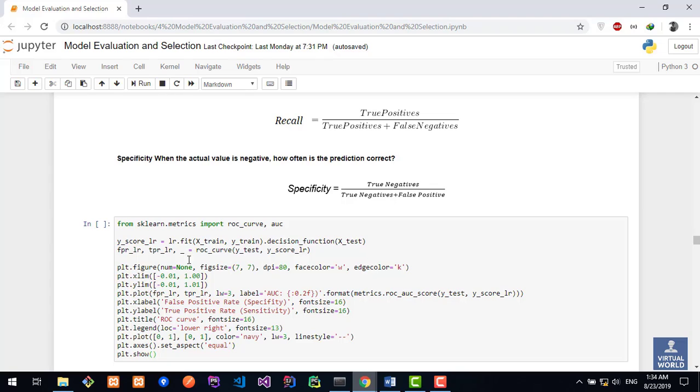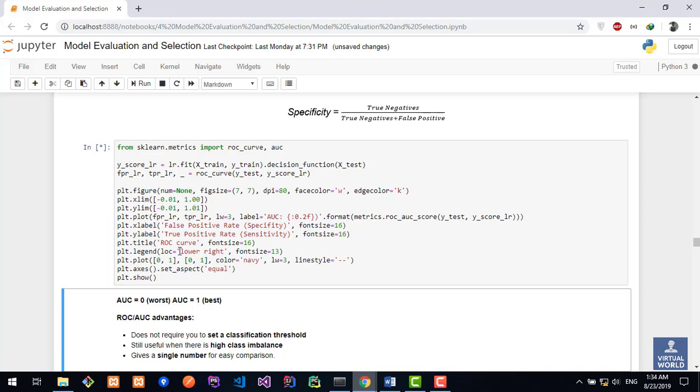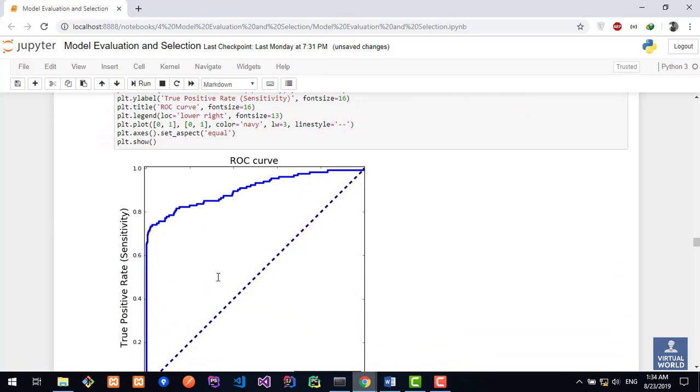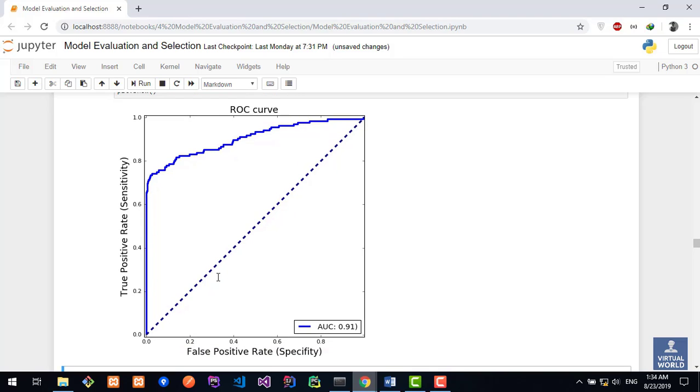After that, we use ROC AUC function to calculate true positive rate and false positive rate, which have values in the range between 0 and 1, and they are both computed at threshold values such as 0, 0.02, 0.04 until we reach 1. Finally, we draw the AUC graph. We notice that we got area under curve equals to 0.91, which is a very good value.